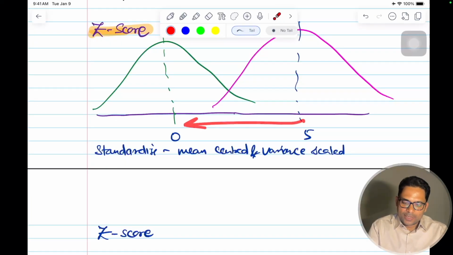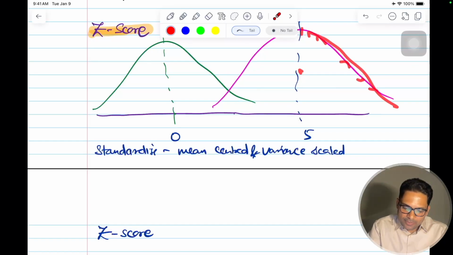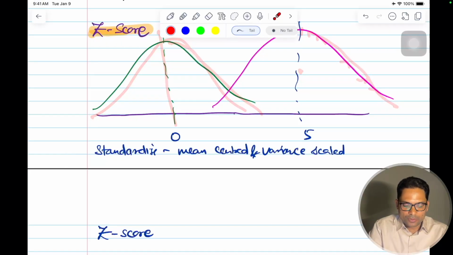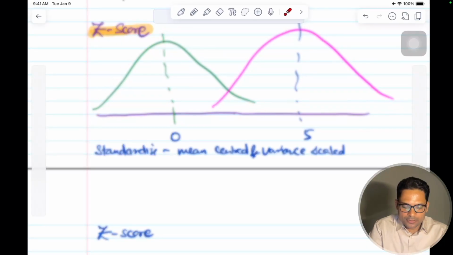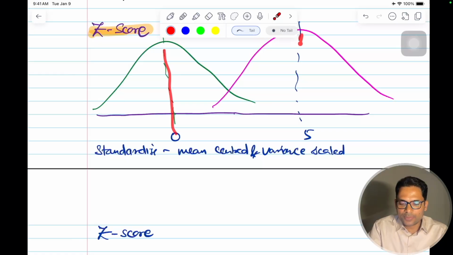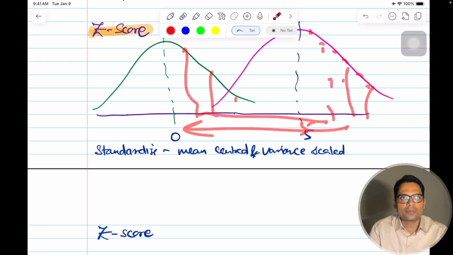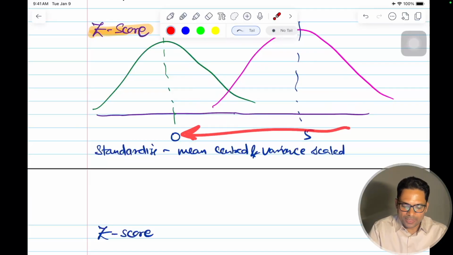And even for all these data sets, if I subtract for all of these data points, this complete thing will shift here, and this will become a bell-shaped curve centered around 0 instead of being centered around 5. If I subtract 5 from all these data points, they will all shift to this side, right? That's what I mean by mean centered.